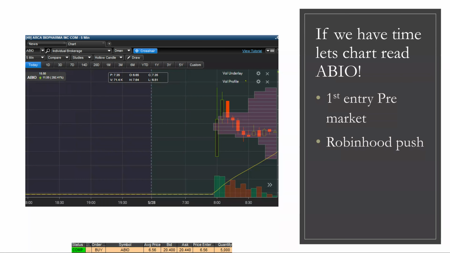Well, guess what, guys? Me being me, I was like, screw that. I love trading pre-market and after hours. I literally consider that an edge. I spent at least 6 months just focusing on developing that edge of pre-market trading.